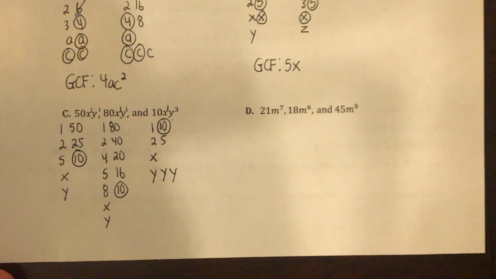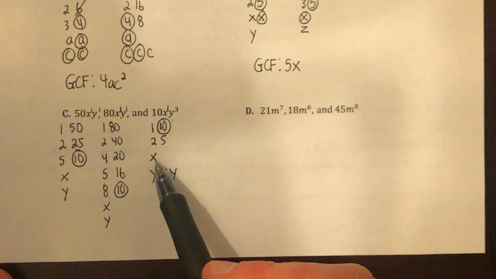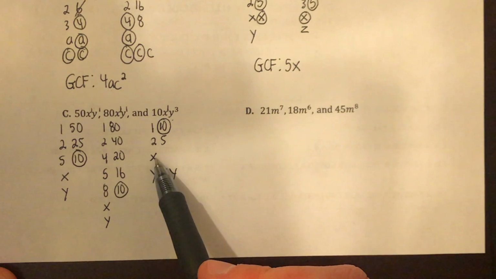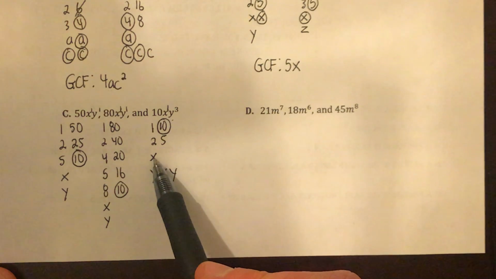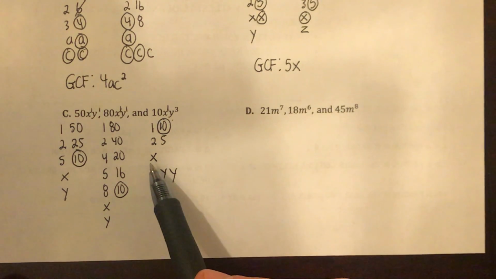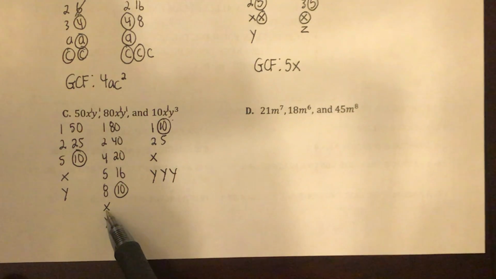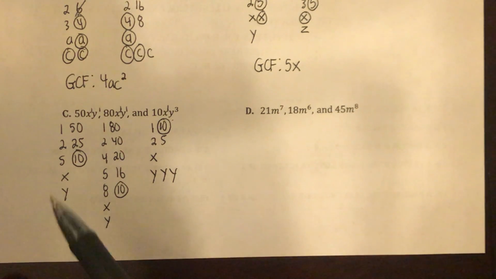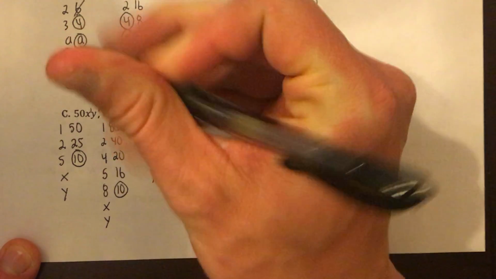So 10, very simple right there because we started with the smallest term. Then I need to look at variables. So let's start with x. Is there an x in every list? I've only got 1 here, so I can only say that the maximum amount of x's I could use would be 1. So 1 here, 1 in the second list, and 1 in the first list here. So x is a part of it as well.